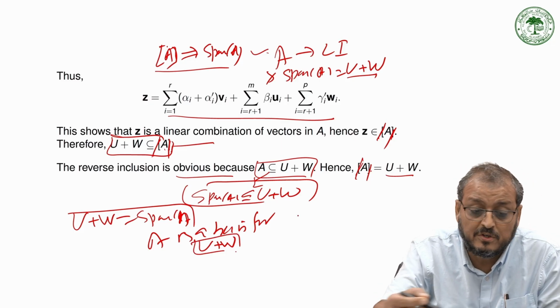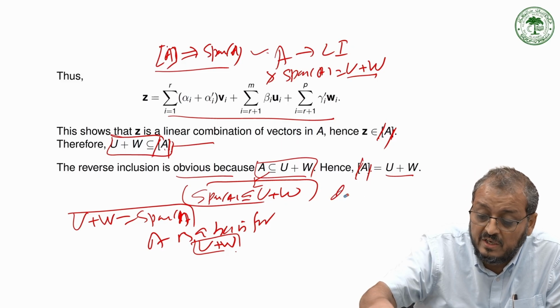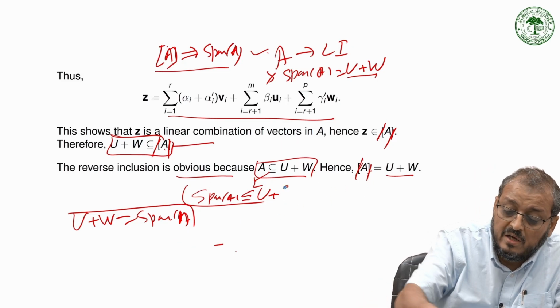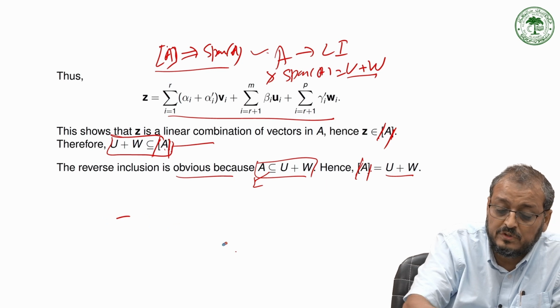So if A is a basis for U plus W, we have successfully completed the proof.